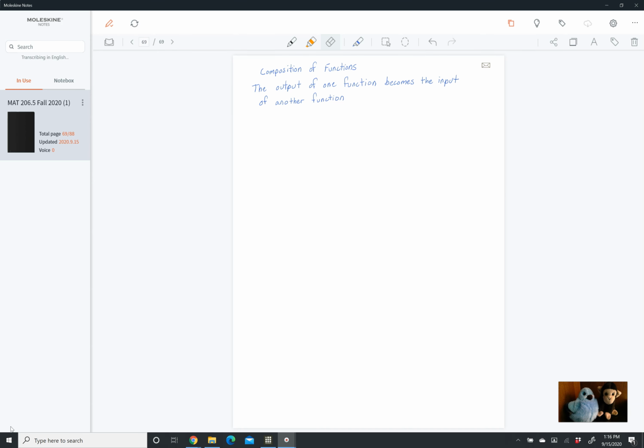There are lots of examples of composition of functions in the world around us, okay? If any of you have ever done your laundry, this is a composition of functions, okay? We have the input, which is our dirty clothes. We're going to put this into the first function.